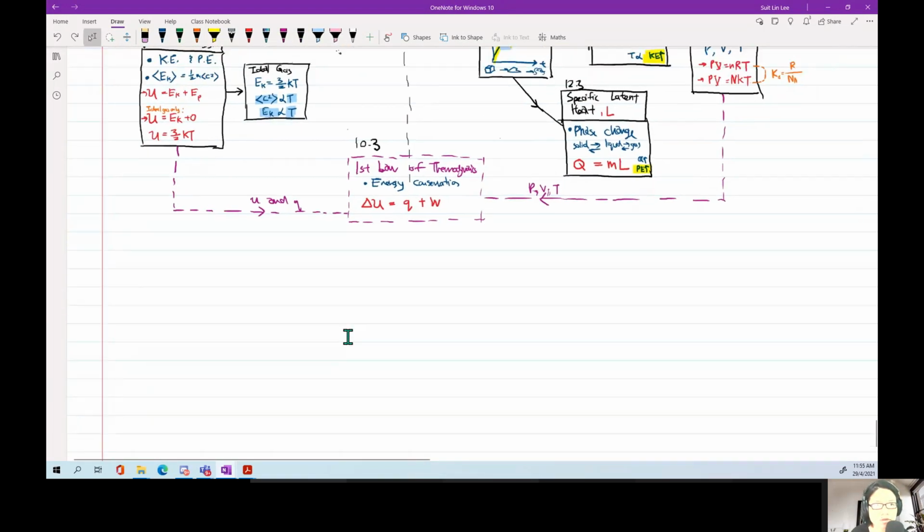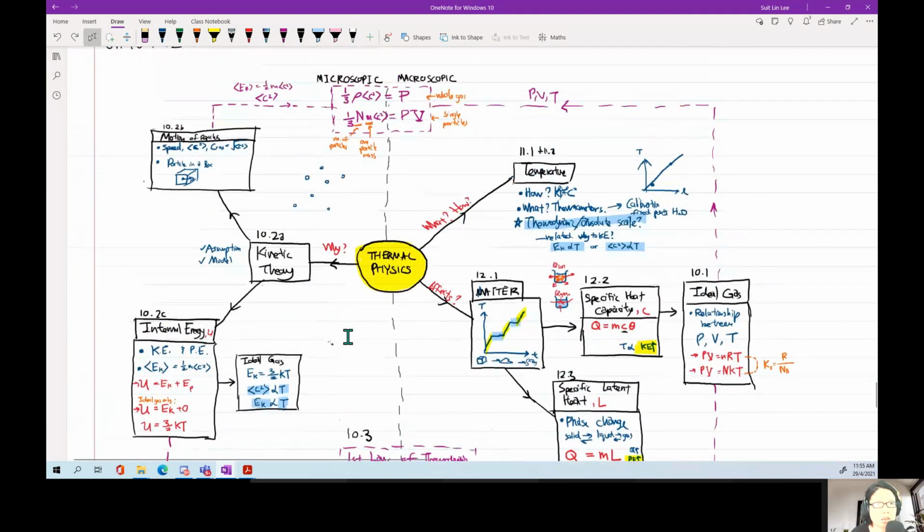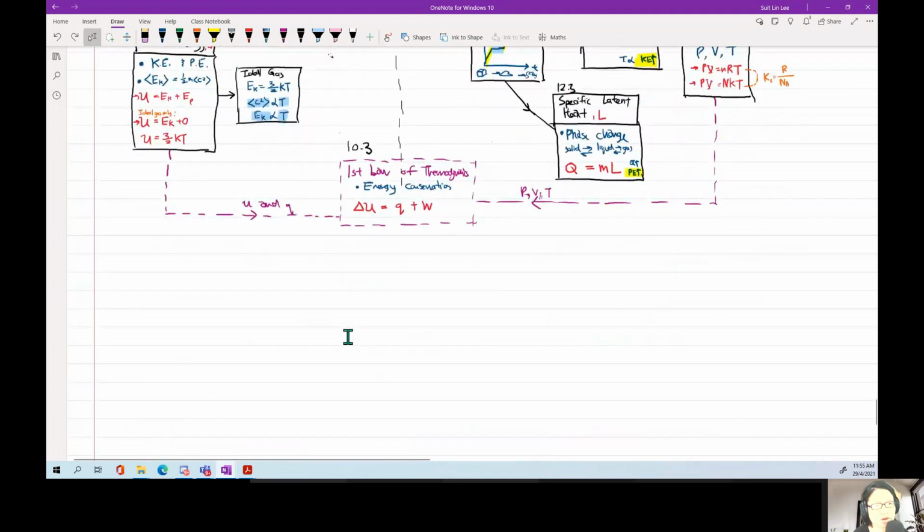But let me zoom out a bit first so that it's okay territory. All right, I'm going to start off with the first one. You need to know ideal gas. PV is nRT, PV is NkT. Auxiliary equation, you should know the mole concept.